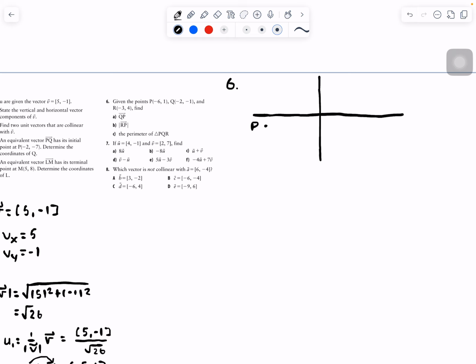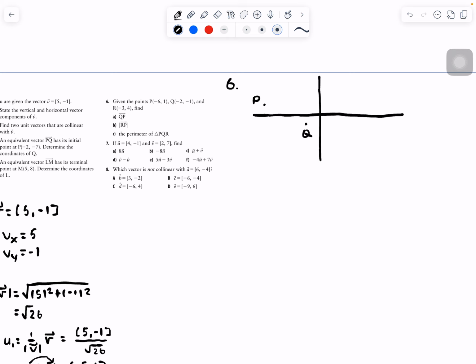Oh, sorry. (-6, 1) is above the x-axis, not below. (-2, -1), that's the point Q, maybe somewhere here.